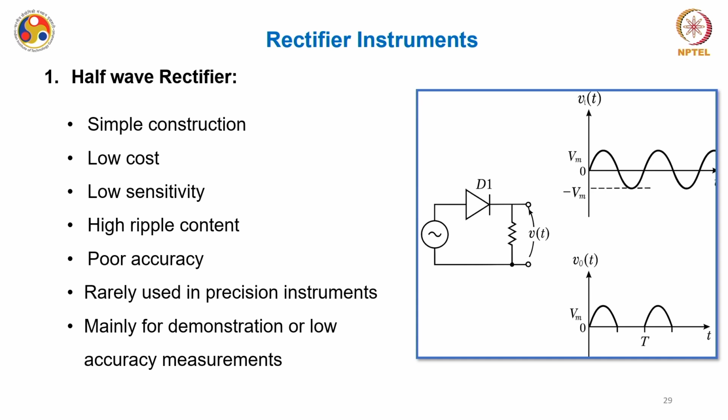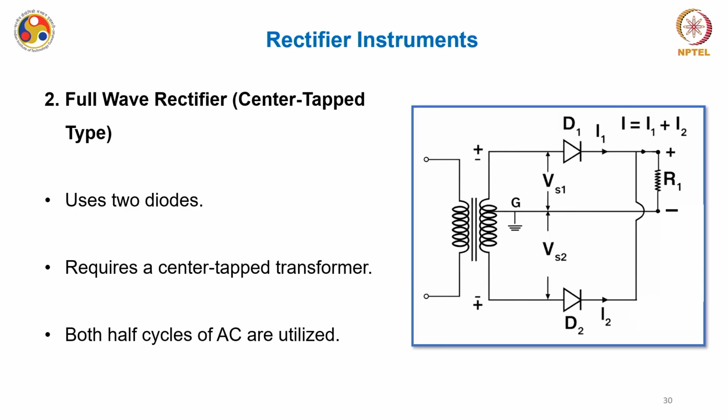Also you have high ripple content because rectification is not complete, and sometimes it ends up giving poorer results, or accuracy is compromised. Therefore they are rarely used in precision instruments, and mostly they are used if you want to demonstrate a rectifier based instrument.